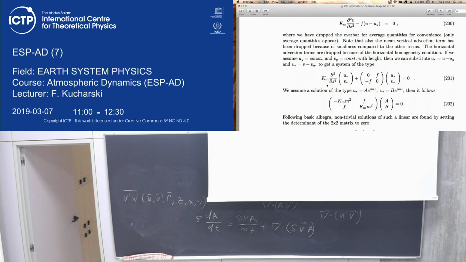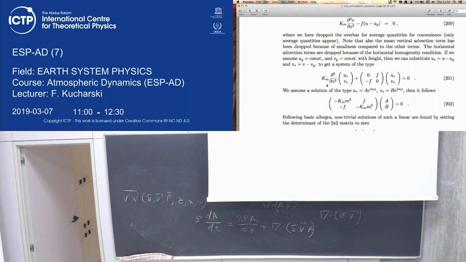Km d by dz squared of U star, V star, plus a matrix applied to U star, V star, equals 0. And this matrix is just the antisymmetric Coriolis matrix. Now we want to find a solution.